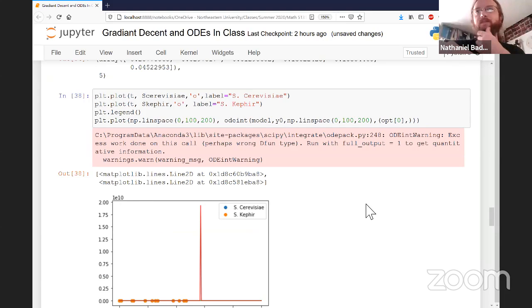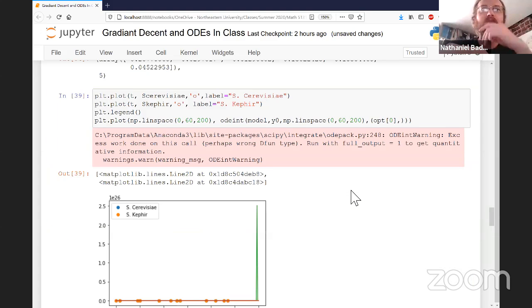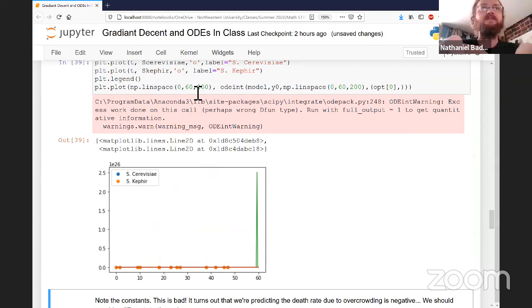Yeah, there we go. Okay. So what we're seeing here is that this negative value that Anjali pointed out is actually going to result in this model exploding in one of the populations. By 60, we might be able to see it just completely screw everything up. But even by 50, cool.